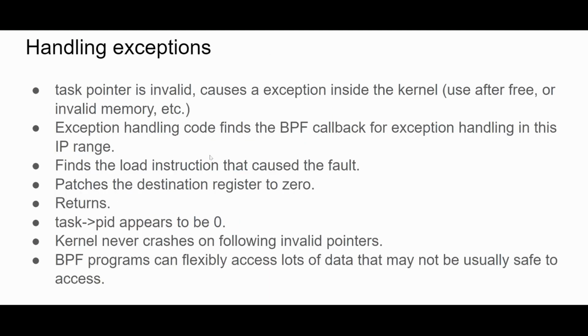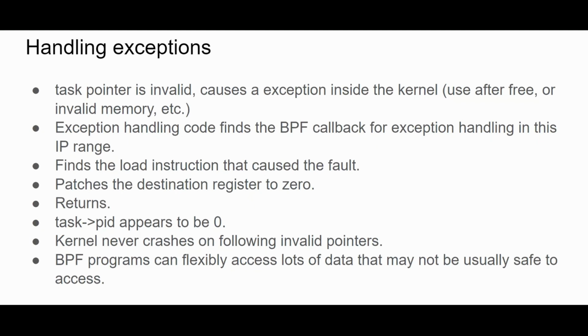It causes a page fault inside the kernel, and then it knows the instruction pointer which caused the fault, and BPF knows that this came from a possibly valid or invalid register. So it will basically patch the destination register to 0. So this only works for loads. And it will continue the execution of the program. So if you load task PID, it will appear to be 0 in the invalid case.